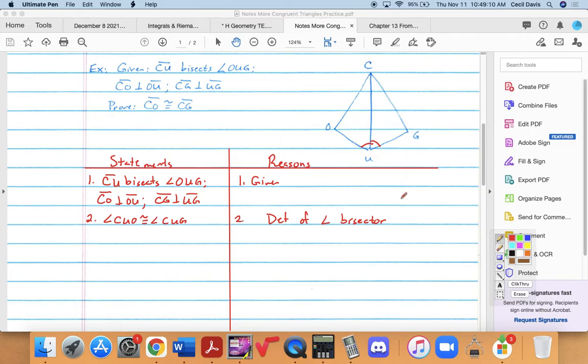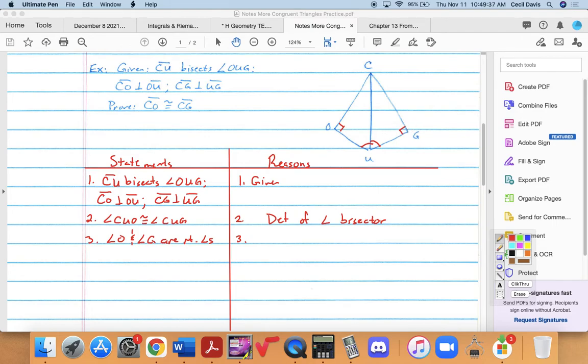All right, so we've got one pair of angles congruent. Not enough. Angle O is a right angle, and angle G is a right angle. Would I have to split that up into two steps if I wanted to then say that angle O is congruent to angle G?